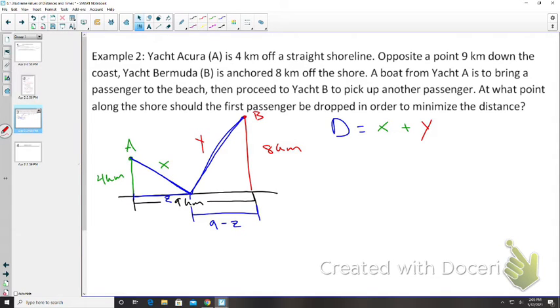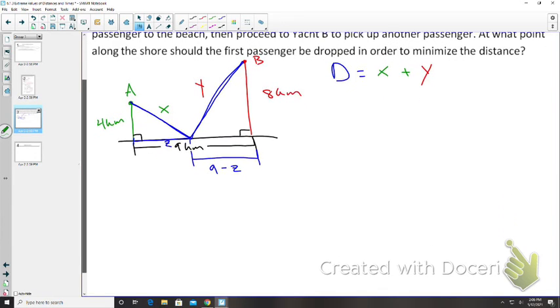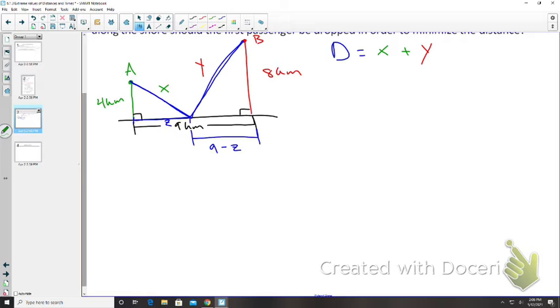Now, again, we have two right-angled triangles here, so we can apply the Pythagorean theorem to help us solve. Let's do x first. x is a hypotenuse, so x squared is equal to 4 squared, which is my one side length, plus my other side length, which is z squared.